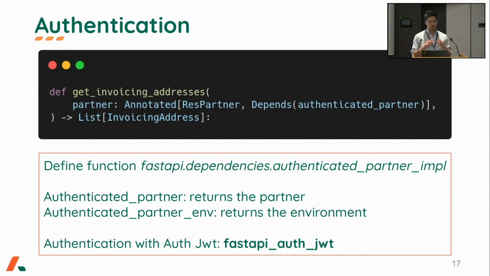In order to make these two new functions work, you have to implement the authenticated partner imp. That will be the implementation of the method to really authenticate your user. So in this function, you can do whatever you want.